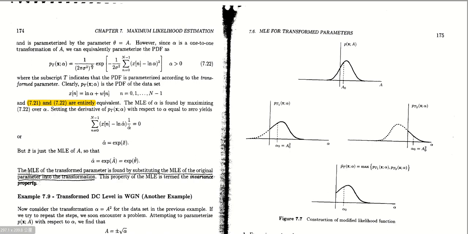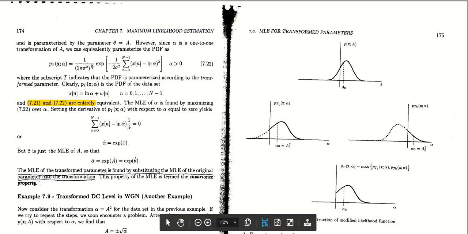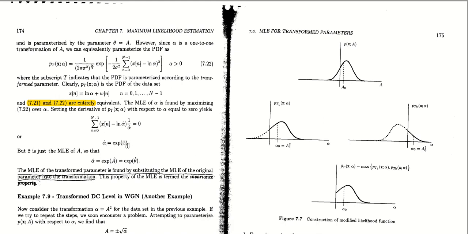exponent of theta hat. The MLE of the transformed parameter is found by substituting the MLE of the original parameter into the transformation. This property of MLE is termed the invariance property. So what that means is you have alpha hat is exponent of x bar, but x bar is the MLE of A, right? So alpha hat is exponent of A hat. So what that means is it has this invariance property.